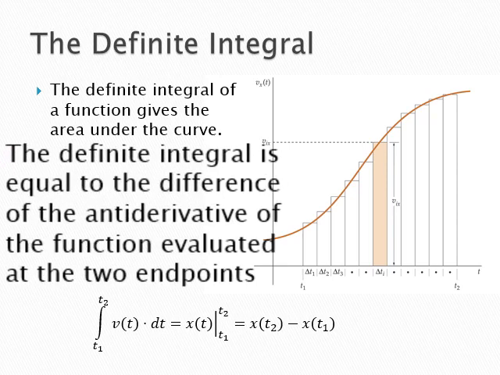In other words, the definite integral of the velocity function over the time interval from t1 to t2 is equal to the antiderivative of the velocity function, which is the position function, evaluated at t2 minus the antiderivative evaluated at t1.